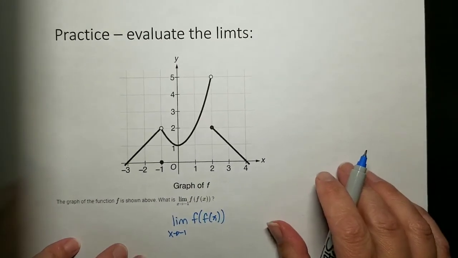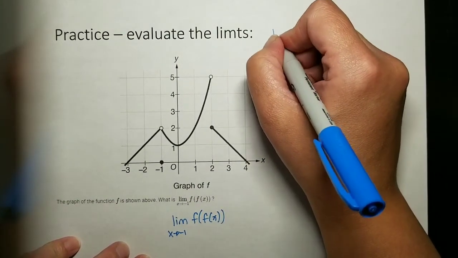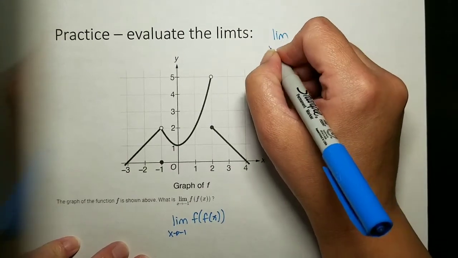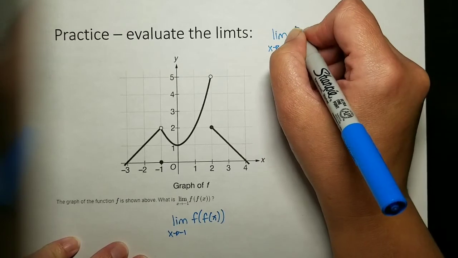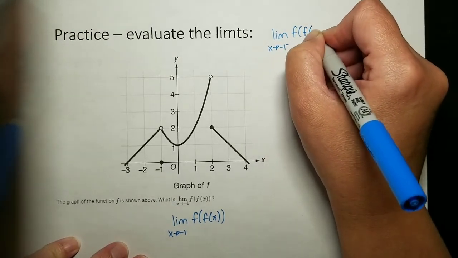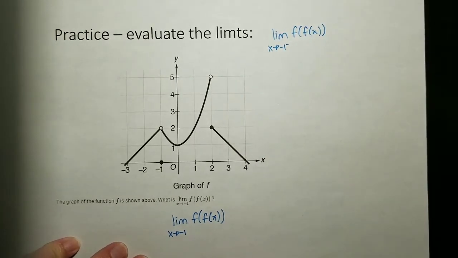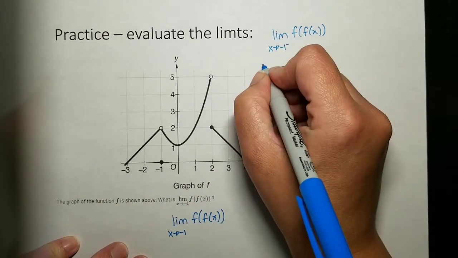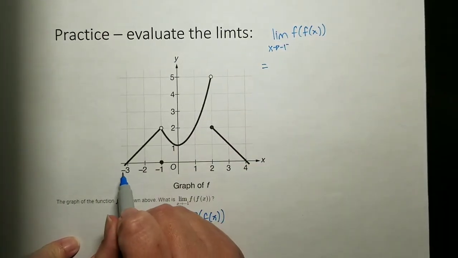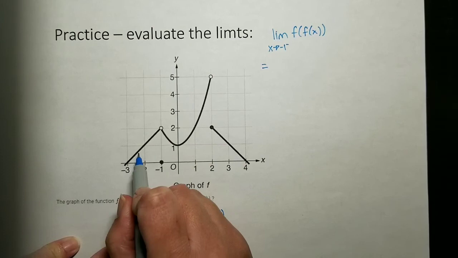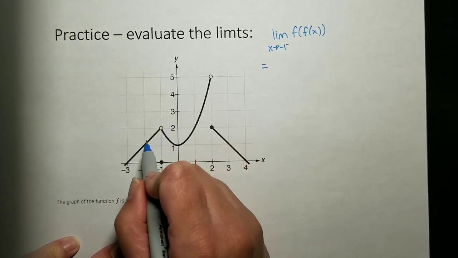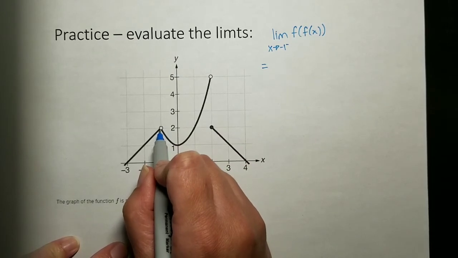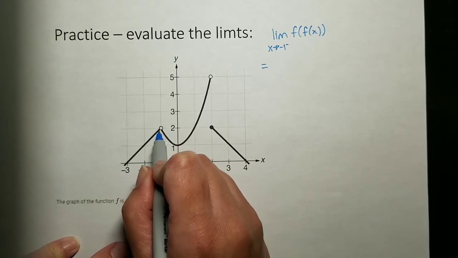So if I say the limit as x approaches -1 from the left of f at x, so it's like a composite function of itself, this would be, if we're approaching -1 from the left, we're approaching 2, but we're approaching it from below, from 1.5, 1.8, 1.99.